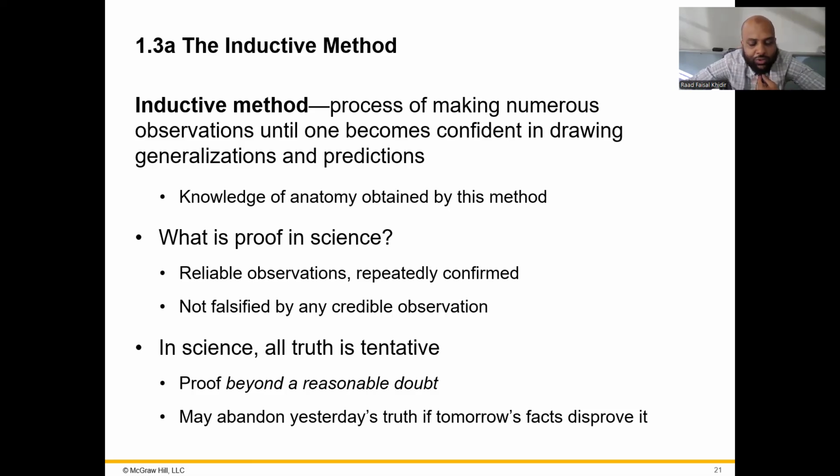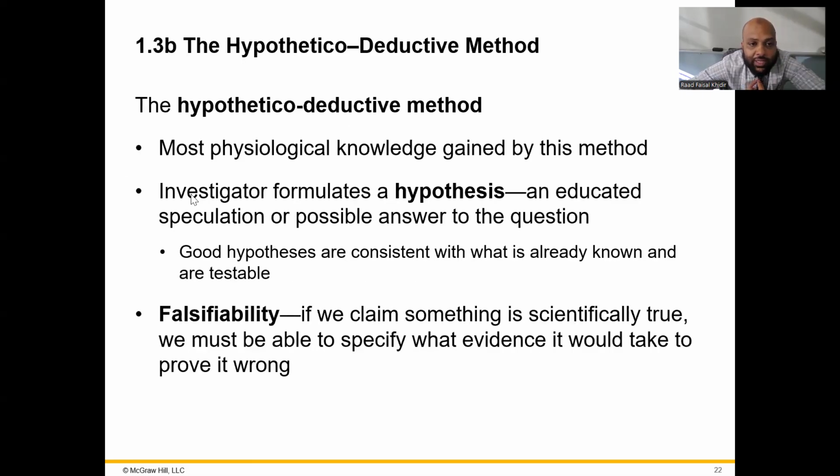In science, all truth is tentative, and we need to prove beyond a reasonable doubt. We should abandon yesterday's truth if it is negated by today's scientific evidence. Then there is another model known as the hypothetico-deductive method, and most physiological knowledge is gained by this method.